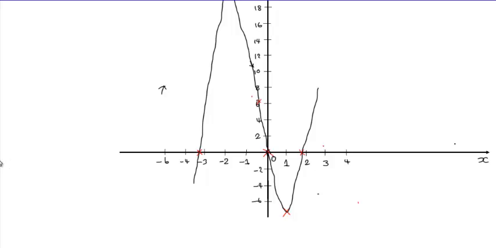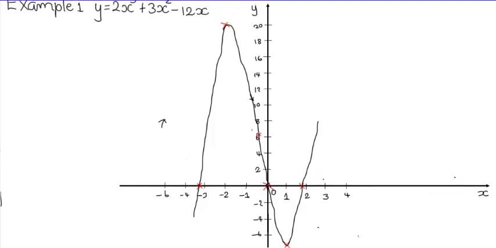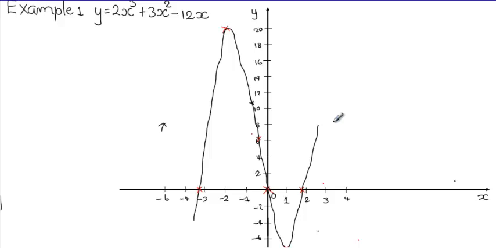Guys, if I can do it with an electronic pen, why can't you do it with a normal pen? There is the function: y equals 2x cubed plus 3x squared minus 12x.